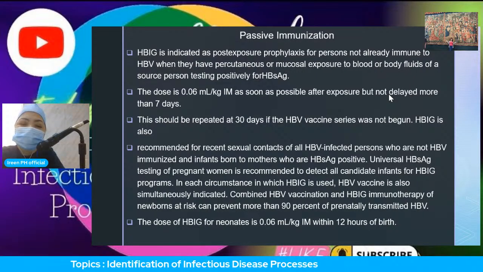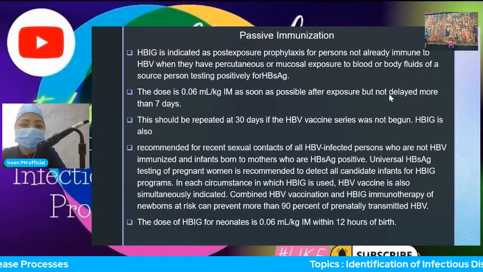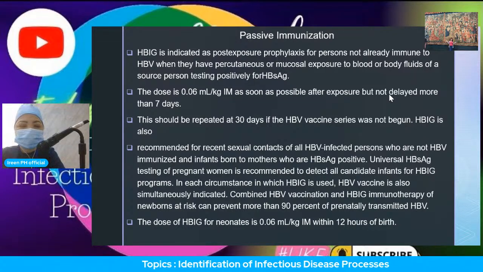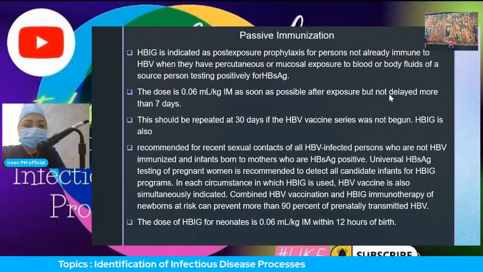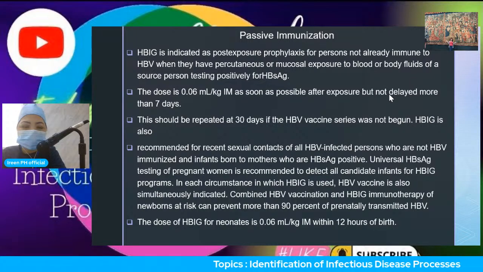HBIG is indicated as post-exposure prophylaxis for persons not already immune to Hepatitis B virus when they have percutaneous or mucosal exposure to blood or body fluids of a source person testing positive for HBsAg.